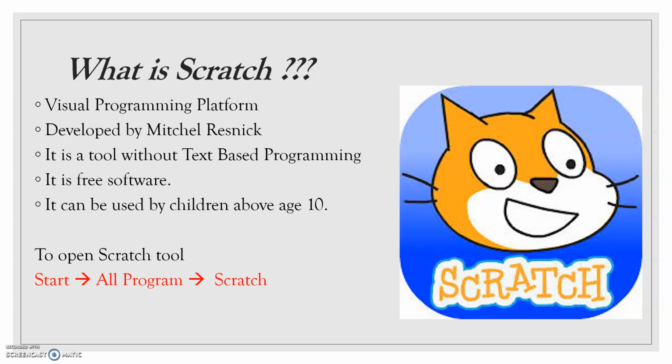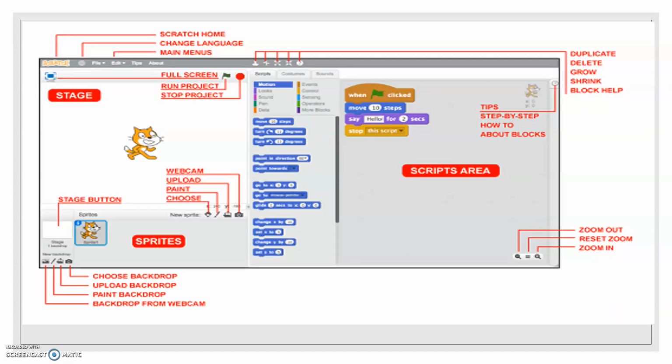How to open the Scratch tool? For opening the Scratch tool, firstly click on the start button, then select all programs and then select the Scratch option. Now, what are the components available in a Scratch window? These are the components that are available in the Scratch window.